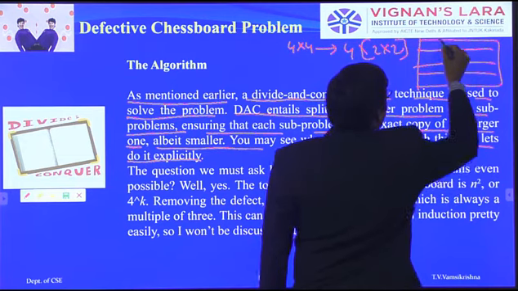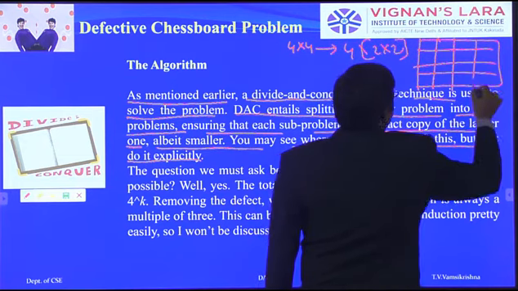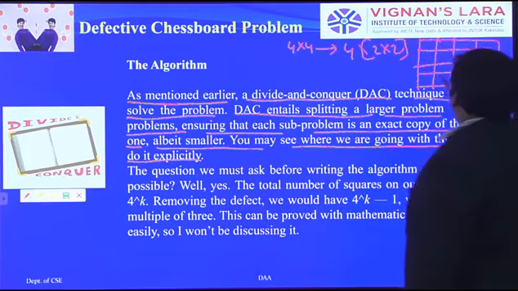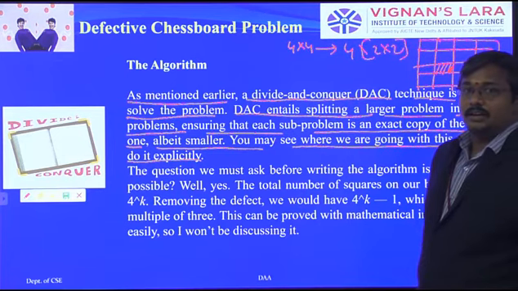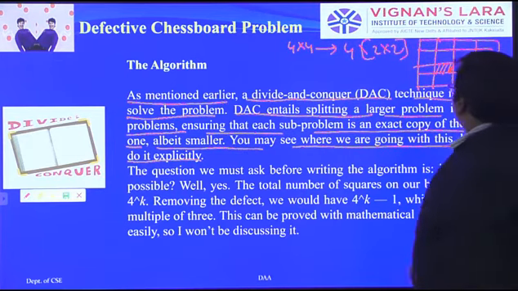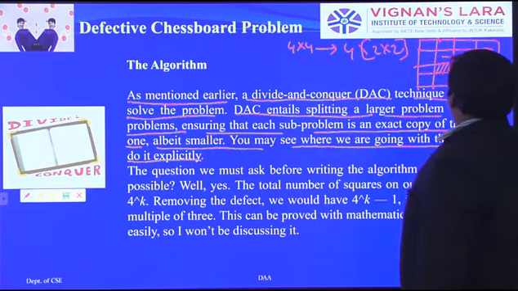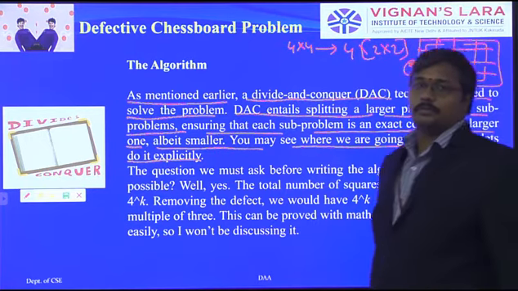Suppose this is a 4x4 chessboard. At this time, suppose I am taking a defective tile like this. So here this is one triamino. This is another triamino. This is another triamino. This is another triamino. This is another triamino. So 5 triaminos are required.